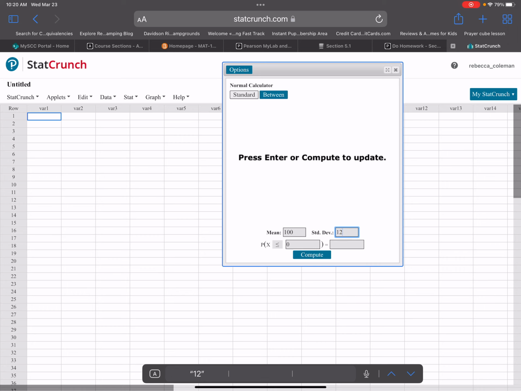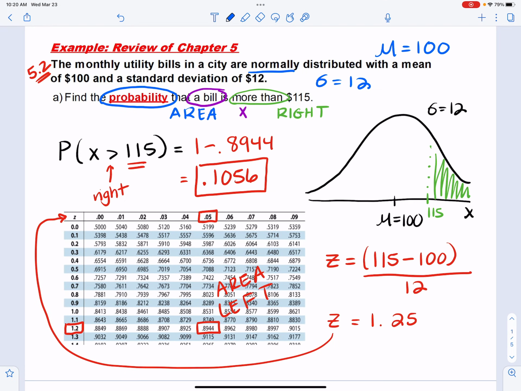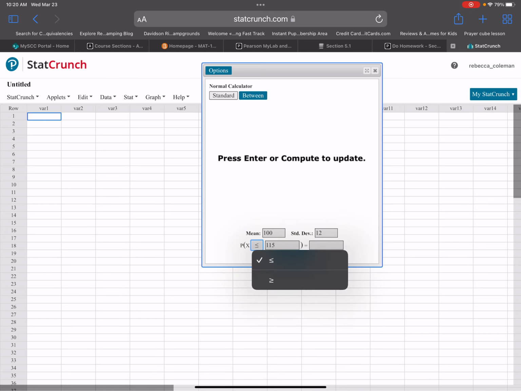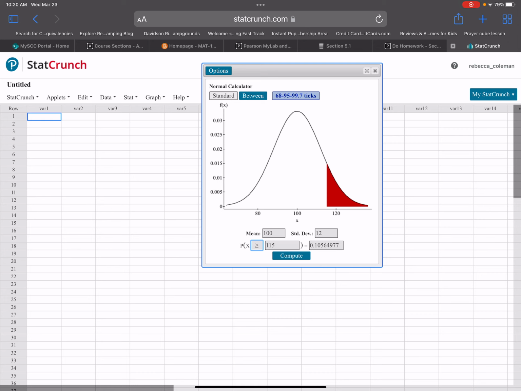That was 112 for us on these bill amounts. Then you want to make sure that if you're putting in a data value, like $115, that's a bill amount, that goes in your data value box here, your X box essentially, and you want to make sure that you have the proper direction. We wanted more than 115, so we changed that to greater than.